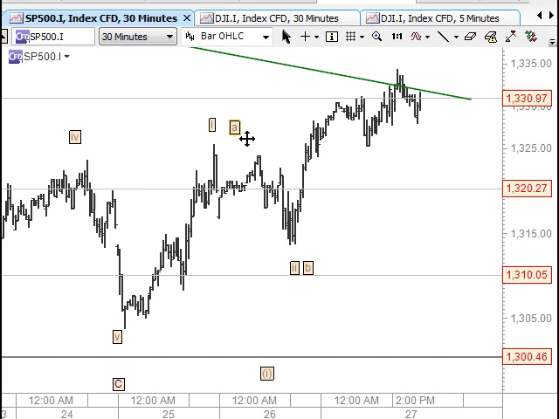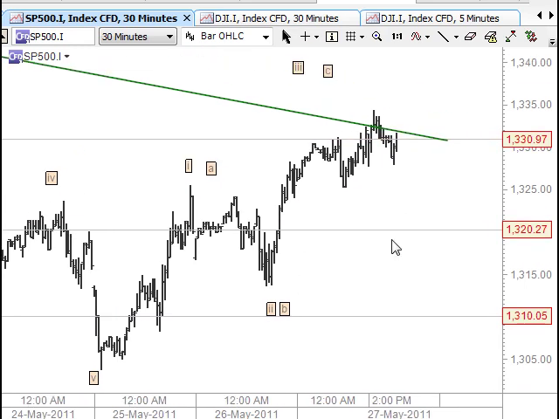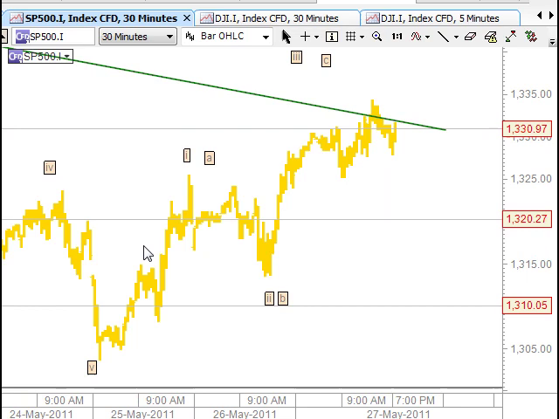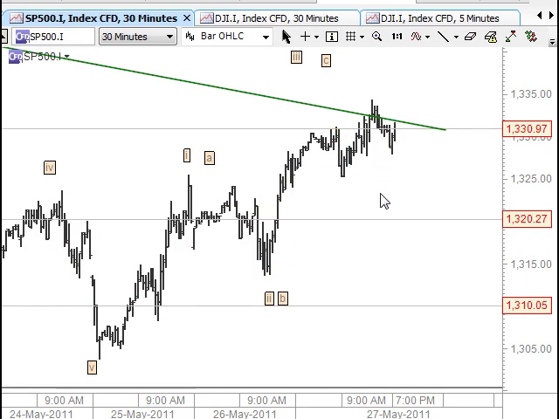Or do we have a B, C correction here, and we basically fail pretty much from here, I guess, because with an ABC correction, the A wave and the C wave are normally about the same in terms of time and price, distance, same size basically. So that's where we're at.